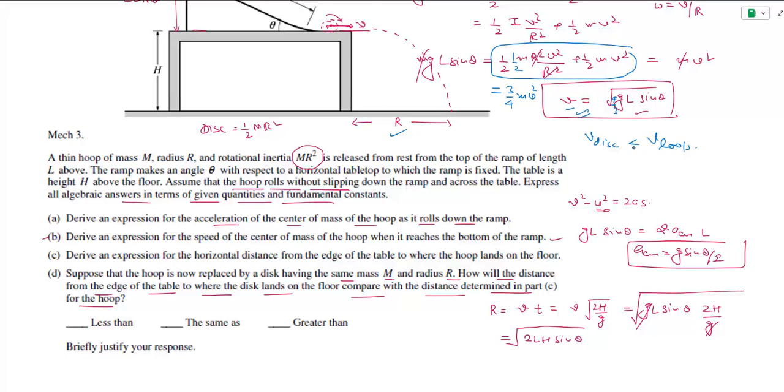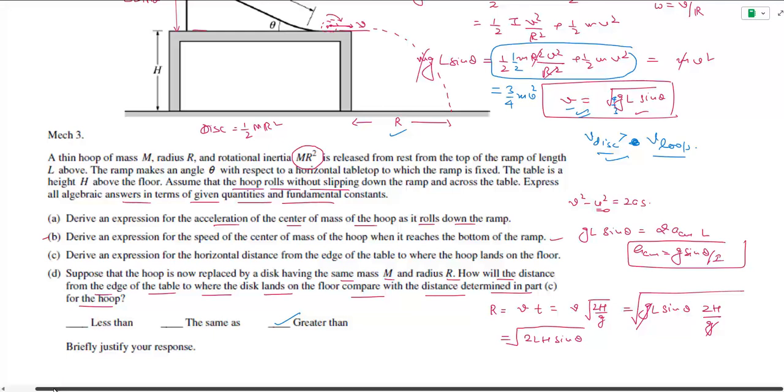So this speed is greater, not lesser, because we have to write v. So v will be with 4 by 3. So this speed is more. When this speed is more, the distance covered will be greater than. So the answer will be greater than.